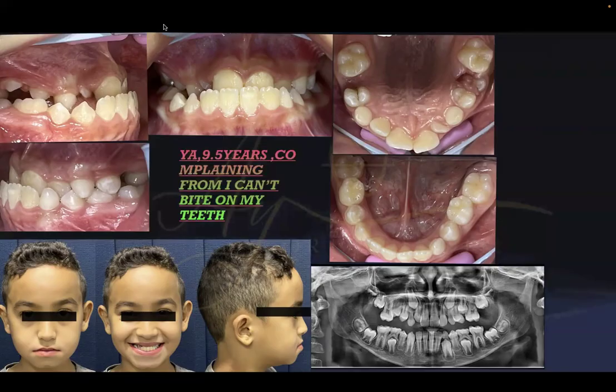It is estimated by where the lines intersect; normally the angle will intersect at the occiput. If the angle intersects in front of the occiput, it is suggestive of a vertical growth pattern, and if it intersects behind the occiput, it is suggestive of a horizontal growth pattern.